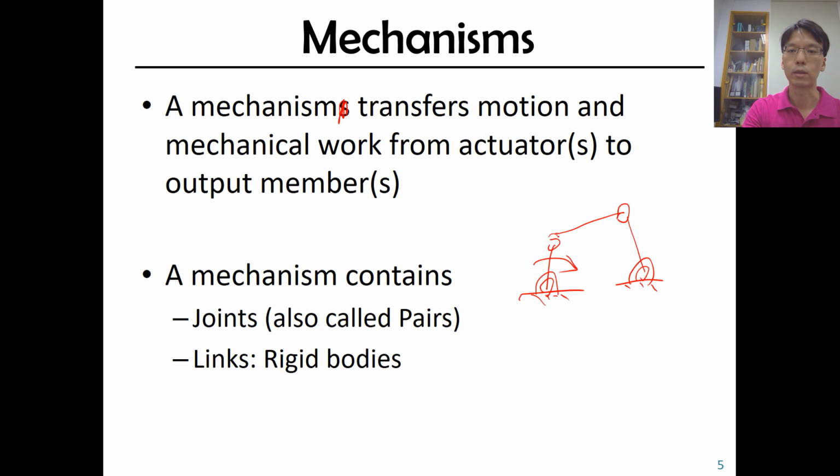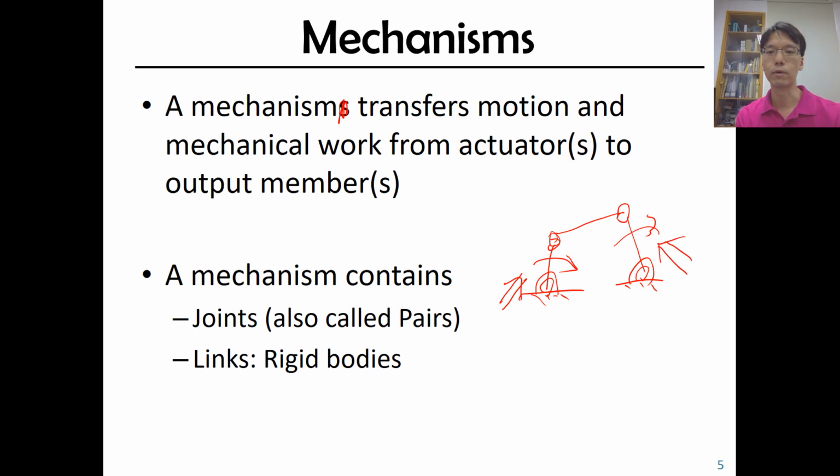So we give the input a certain motion, the output will perform another type of motion. So we transfer one type of motion into another type of motion. And of course, they also transfer the mechanical work.